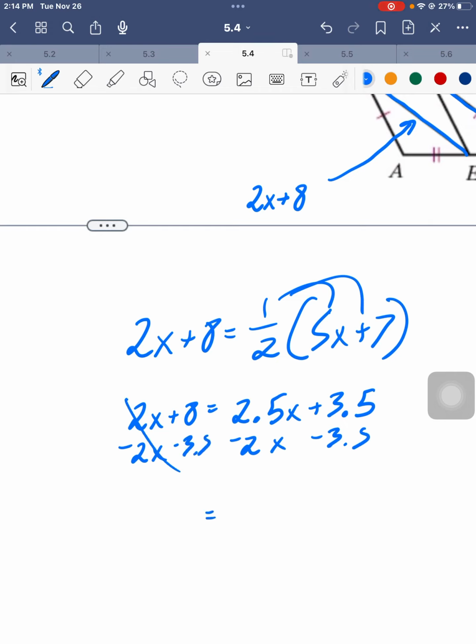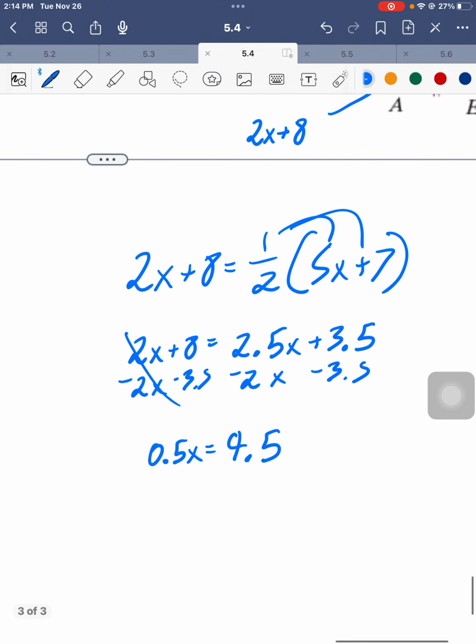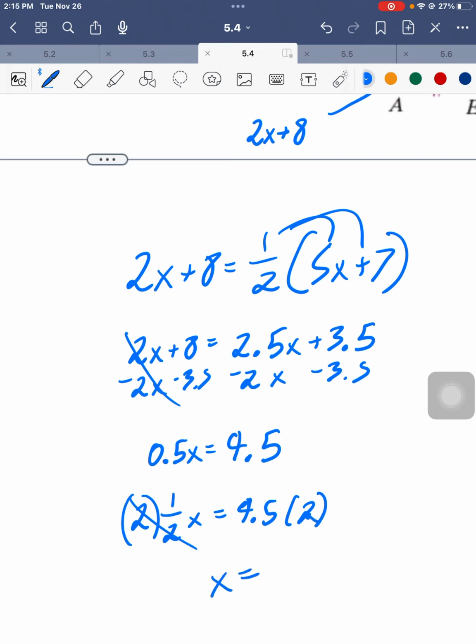So I'm left with 0.5x, and then what is 8 minus 3.5? 4.5, right? This is why I like fractions better, guys, because now I don't have to divide by 0.5, I can just multiply by 2. So now what's my x? Isn't that 9? 9.